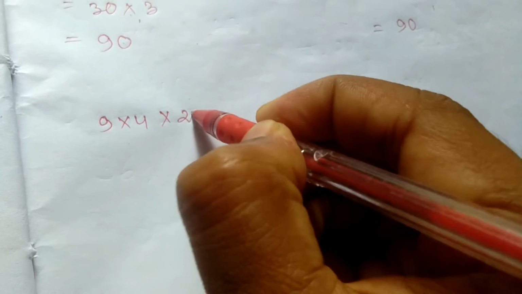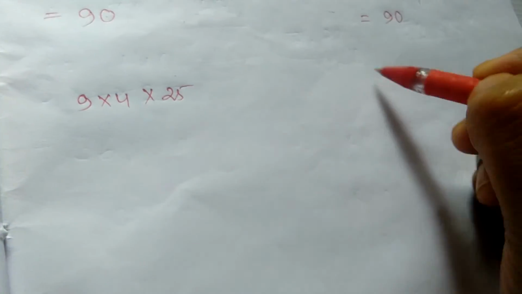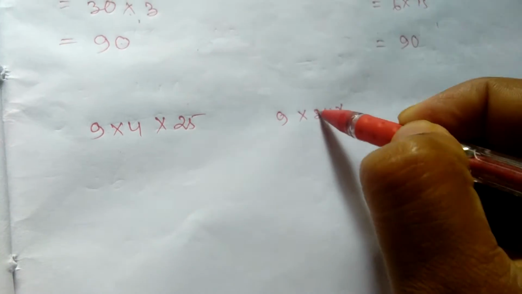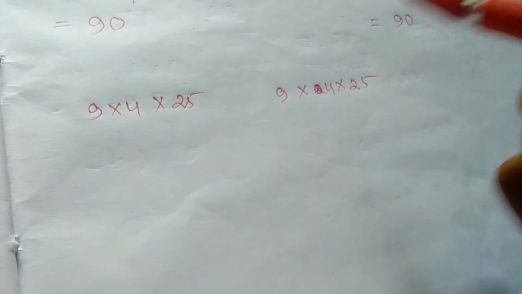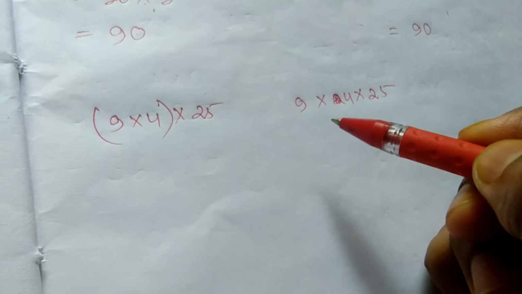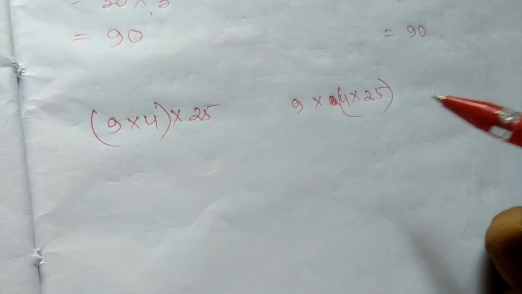I am taking one more example, that is 9 into 4 into 25. Same numbers I am writing here. Now I am giving the bracket 9 into 4 here, and here I am giving the bracket 4 into 25.